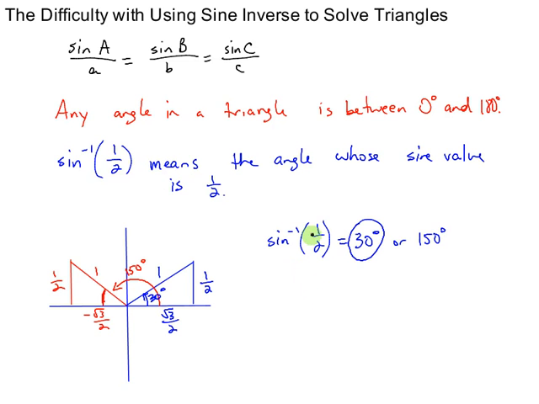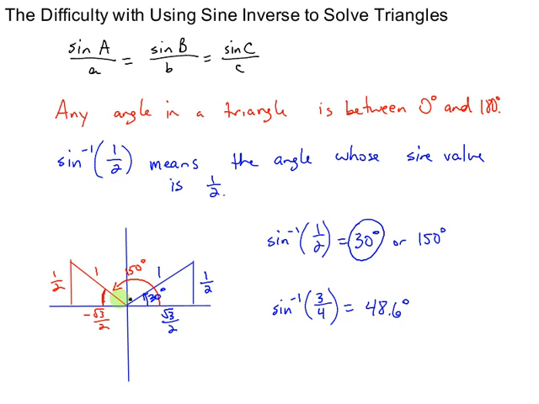Whenever you're using sine inverse to solve for an angle in the law of sines, your calculator is always going to give you the acute angle, and you have to consider that the obtuse angle might be a possibility as well. So let's say at some point you're trying to solve for an angle whose sine inverse of 3/4. If you enter this in your calculator, you end up with approximately 48.6 degrees, but then you have to consider that your calculator is only giving you the angle in the first quadrant.